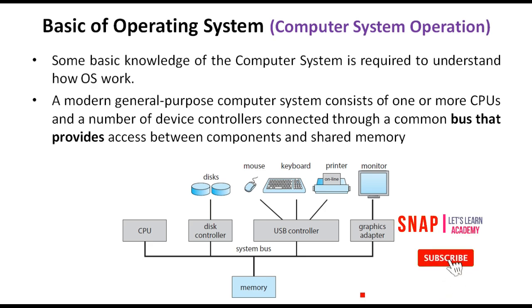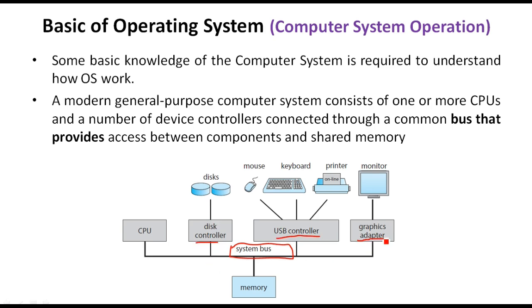In the basics of operating system, during the computer system operations, as we discussed, there is a system bus. Through this system bus all the controllers are connected, whether it is the disk controller, USB controller, graphic adapter controller, or memory controller. All the controllers control their devices and the data and functionalities of the devices through the system bus.